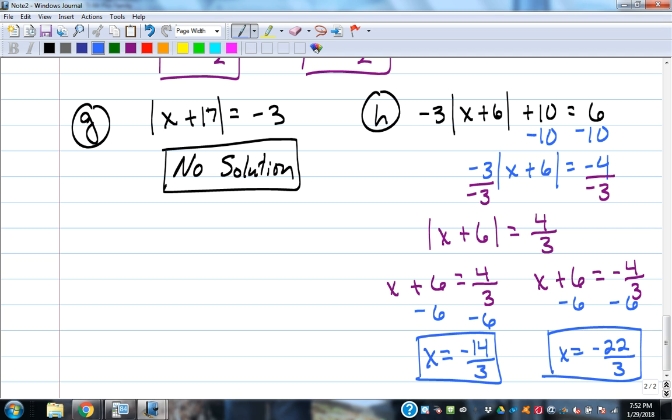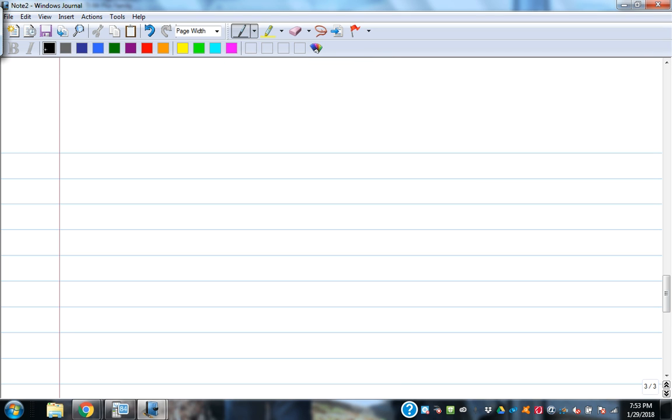In the title of the section, it also had inequalities. Inequalities are very similar in how they work, but there are some rules about what kind of solutions we get based on what inequality symbol we have to start with, okay? So, with inequalities, you've got the absolute value stuff. Got X, we'll just do like X plus 7.